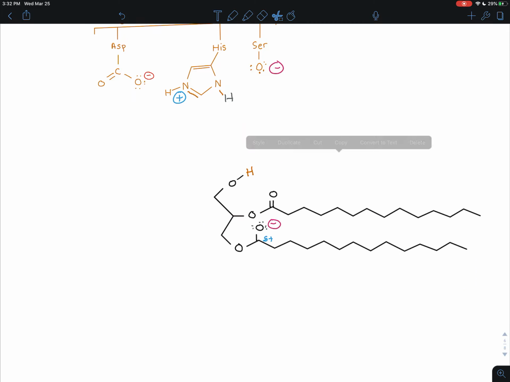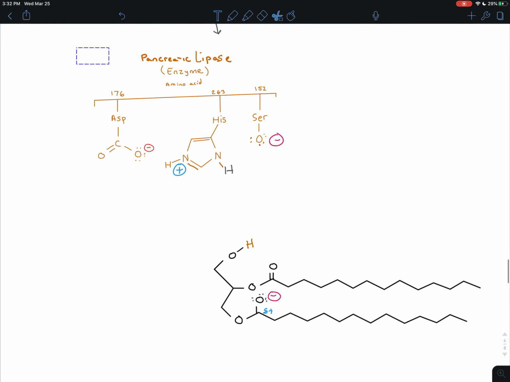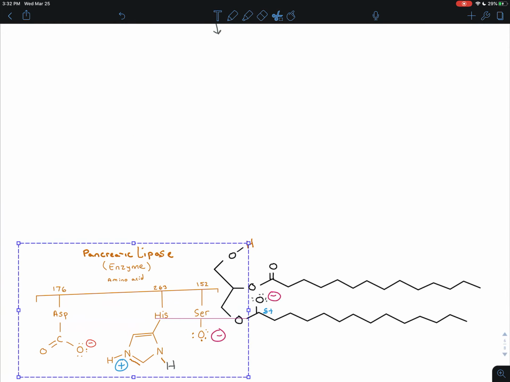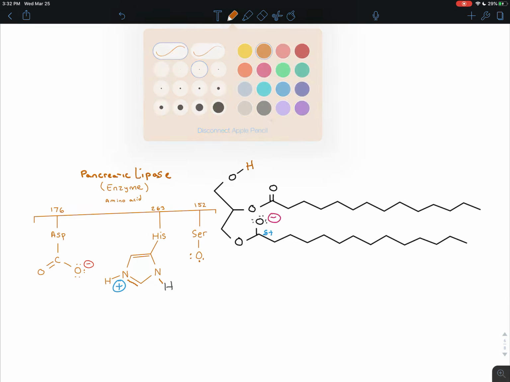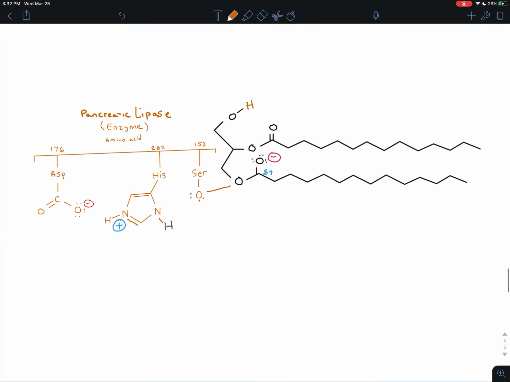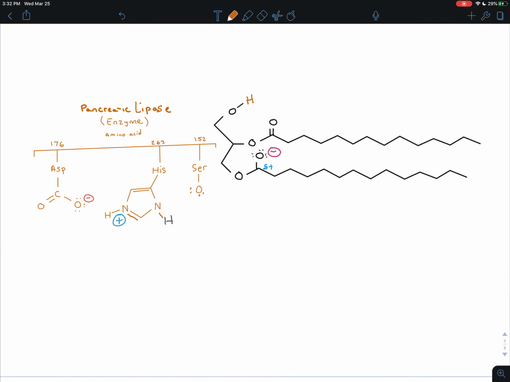And now the serine from the pancreatic lipase is attached to that oxygen. Oops, I'm sorry, to that carbonyl carbon.